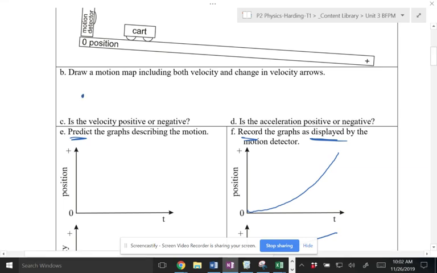So my initial marks are going to be rather close together, but then over time, they're going to spread out because it's getting faster. So my velocity arrows are going to start out short, but then they're going to get longer.